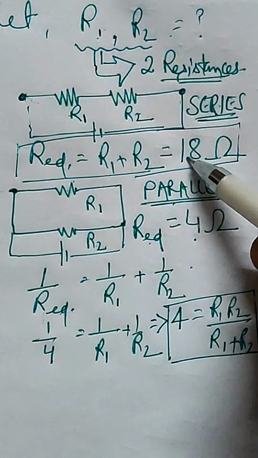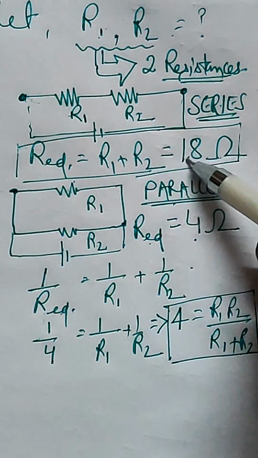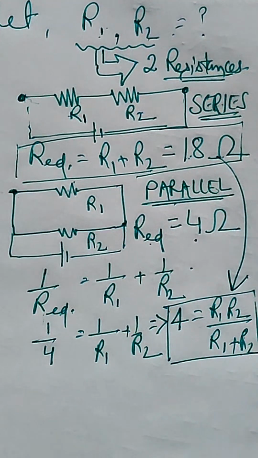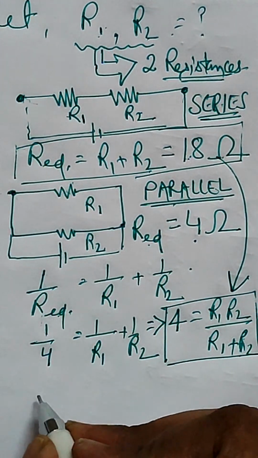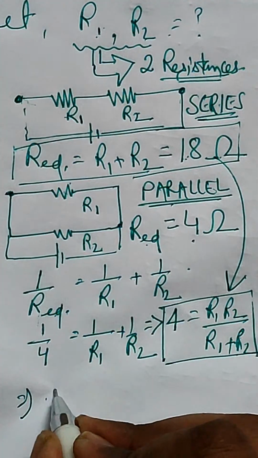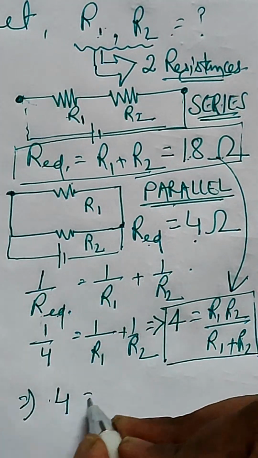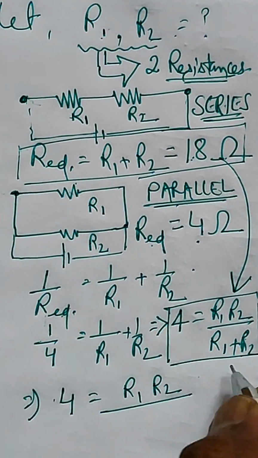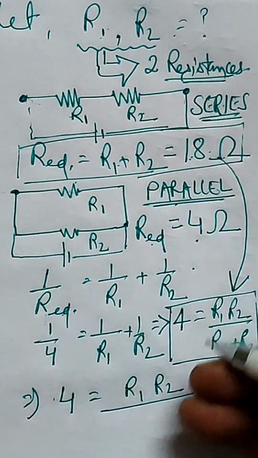Now just use this sum of R1 and R2 and place it over here. When you place it, it will come like this: 4 equal to R1 R2 by R1 plus R2. In place of R1 plus R2, use the value of 18.